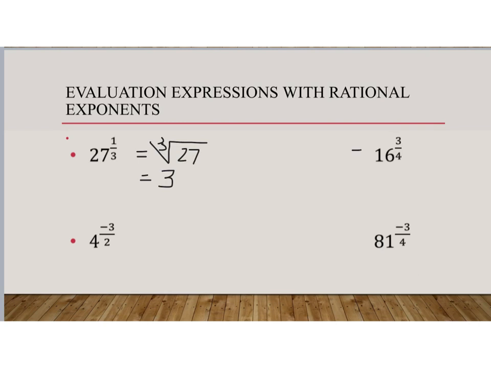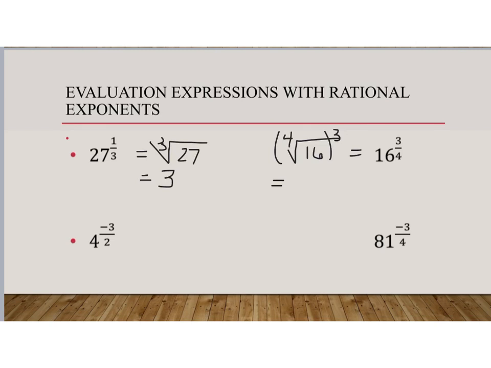16 to the 3/4 power would be the same as the 4th root. So the bottom number in the fraction is the root of 16 to the 3rd power. Now, in simplifying these mentally, as we should be able to do these without the calculator, you should always do the root first.